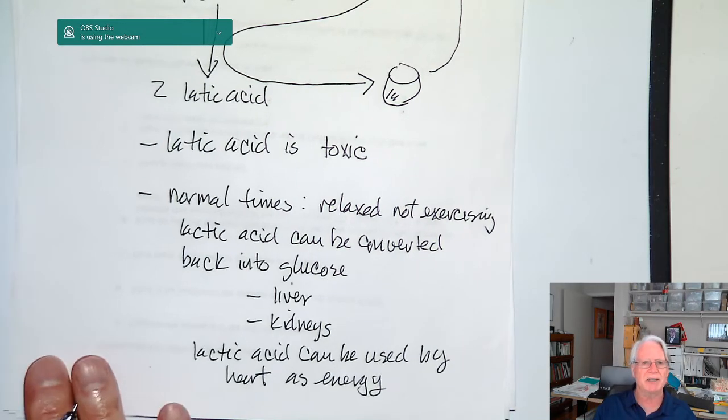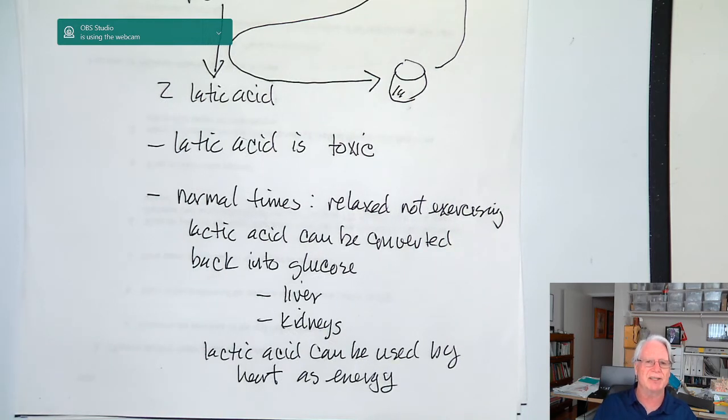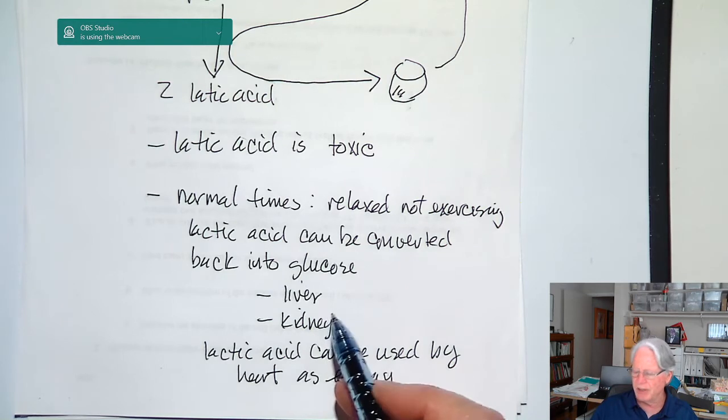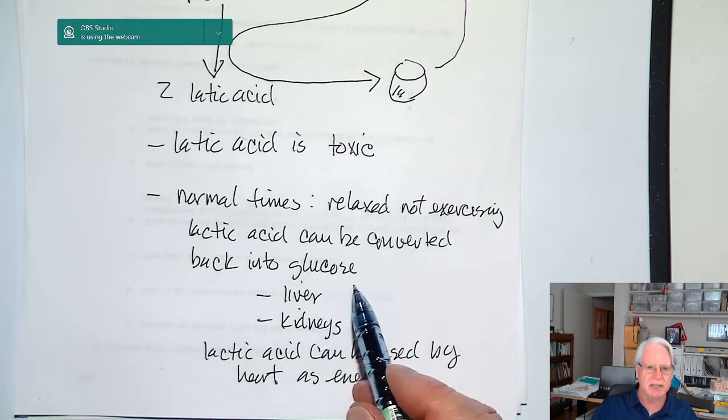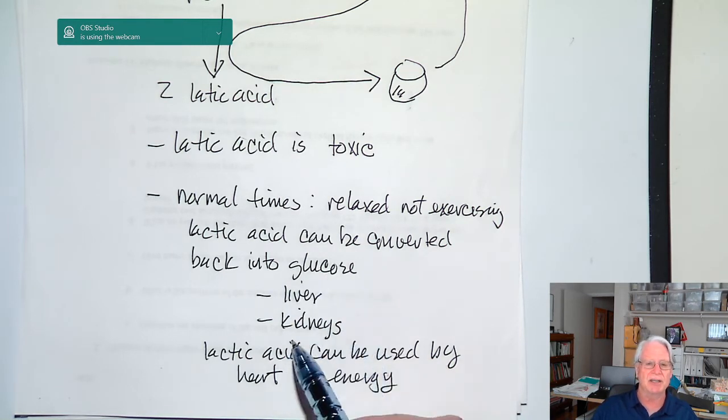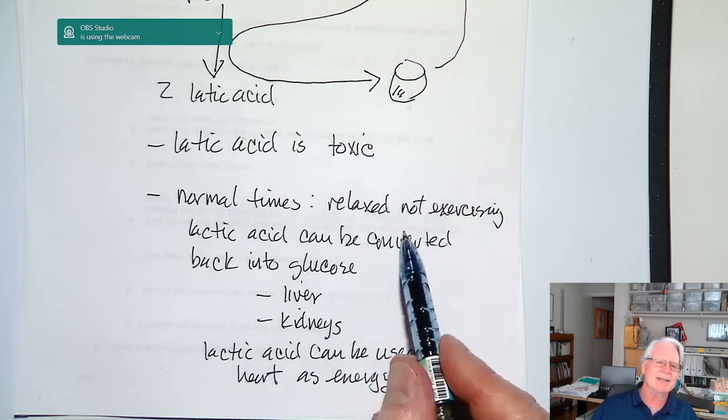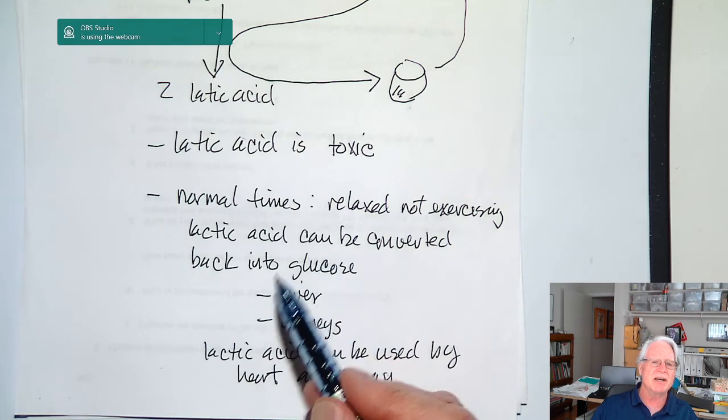The rest of the body has to deal with lactic acid, which is toxic. And so as you start generating this lactic acid, it's going to enter into the bloodstream. It's going into the liver. The liver can convert it back into ultimately glucose again, and the kidneys can deal with it as well. But that requires some time.